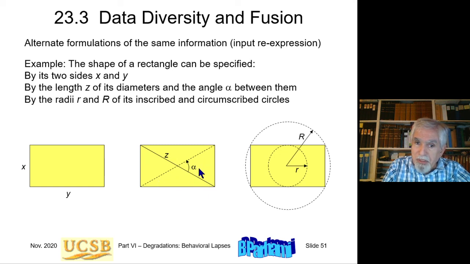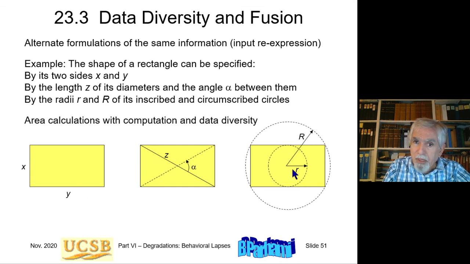So these two numbers also specify the rectangle uniquely. You can specify it also by the radius of the circle inside the rectangle and the circle circumscribing the rectangle. So x and y, z and alpha, little r and big R are all diverse ways of specifying this rectangle.